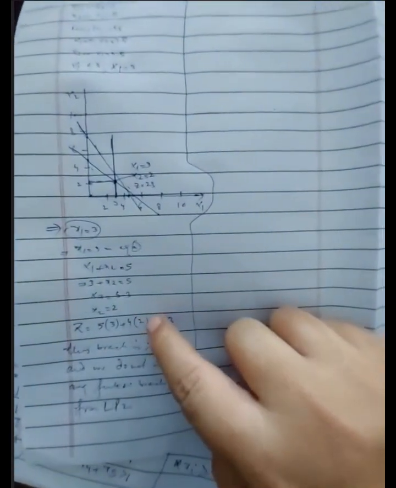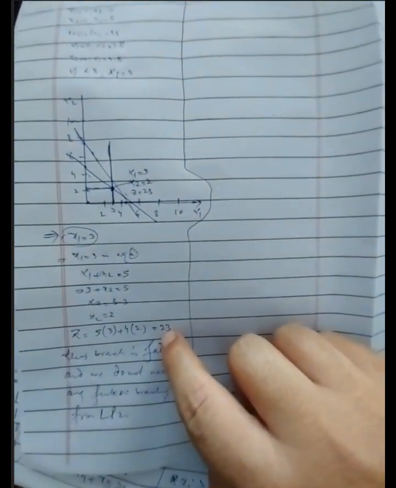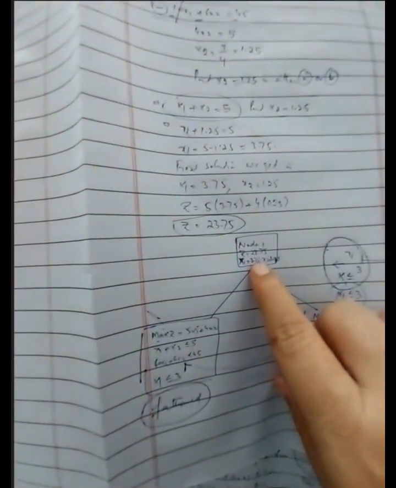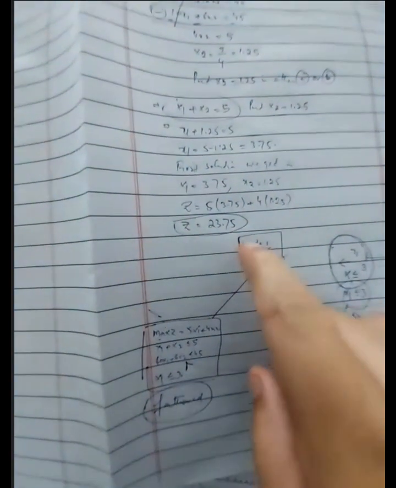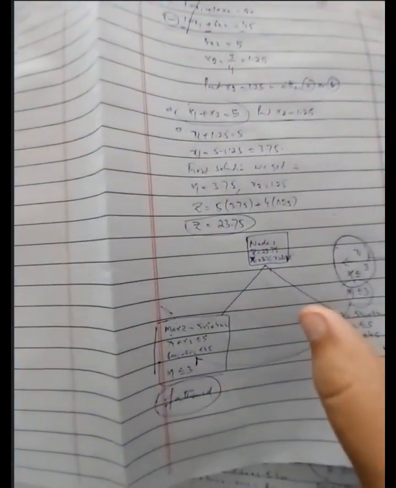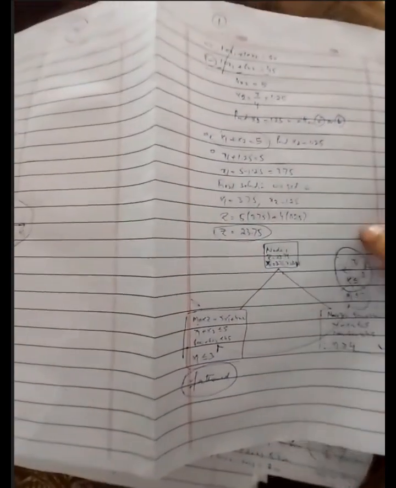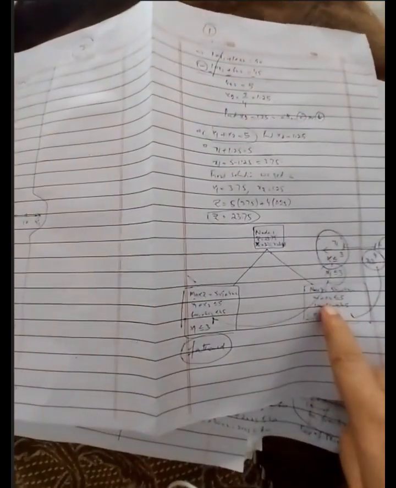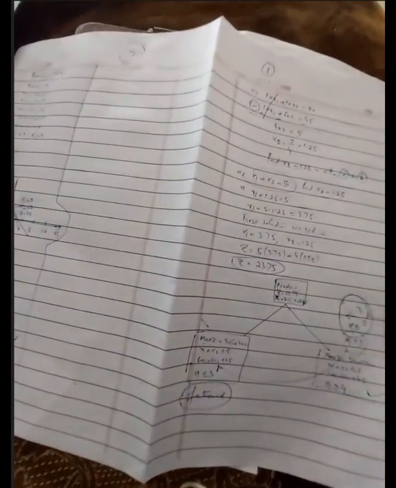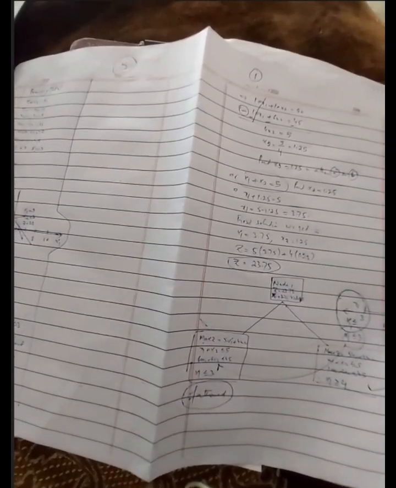Now it has given us a benchmark. Z is equal to 23 over here, which is close enough to the 23.75 that we got on node 1, LP1. Now we will see it for LP3 and find the results.